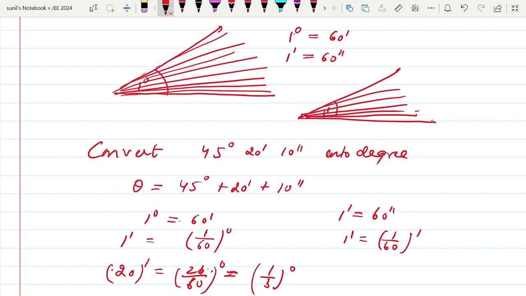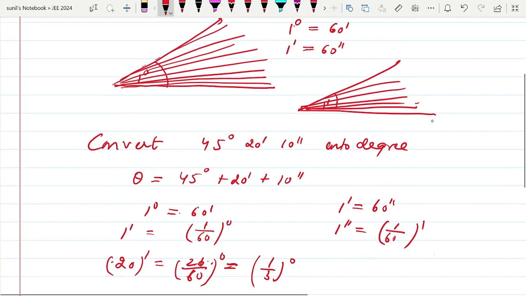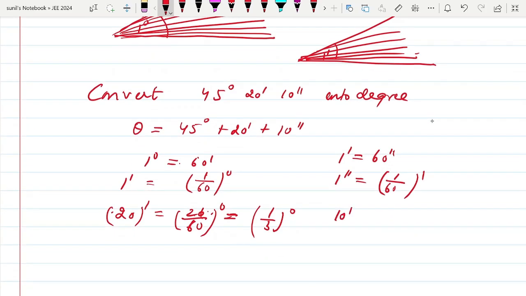So this is the relationship between minute and second. So 10 seconds will be equal to 10 by 60 minutes, that is 1 by 6 minute.